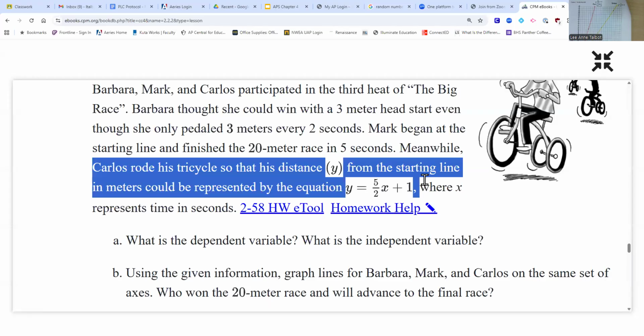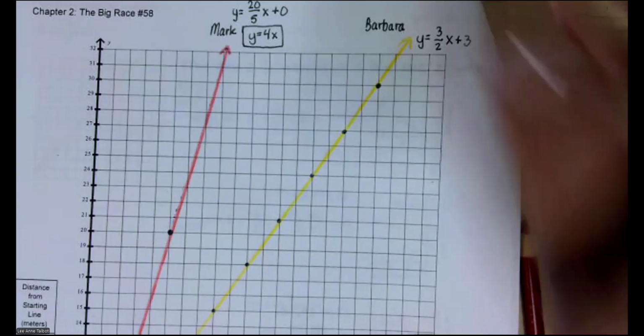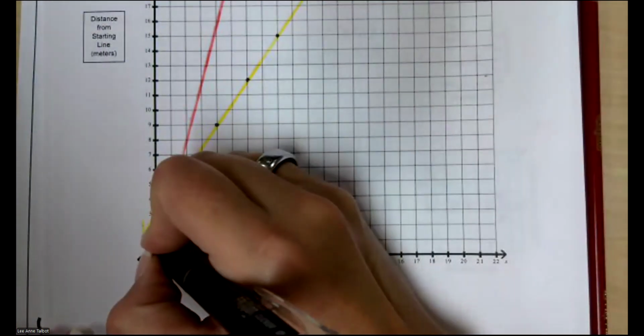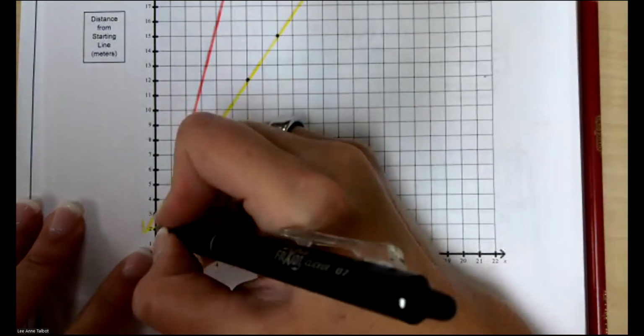Okay. Carlos, this equation is y equals 5 over 2x plus what? Carlos is 5 over 2x plus 1. Okay, so you're going to do a head start of 1. And then up 5 over 2.